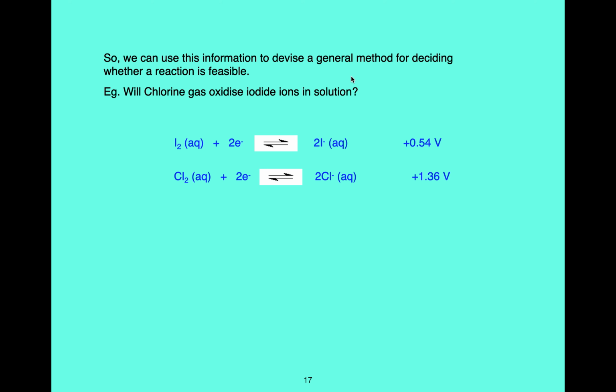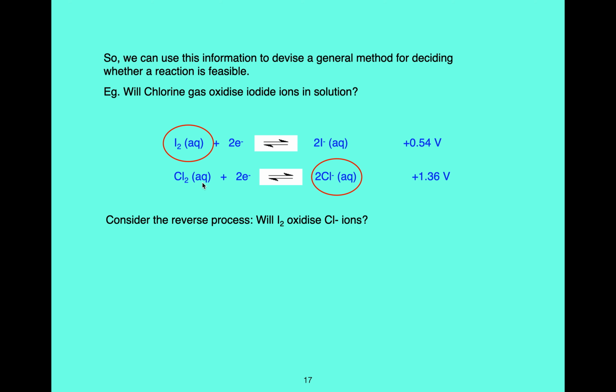So the general method, this is where we get back to the idea that you have to develop your own system for doing these kinds of questions. Will chlorine gas oxidize iodide ions? We look at the electrode potentials. This is more positive, so this accepts electrons, and this is more negative, so this releases electrons. So yes, essentially. Will the opposite process occur?